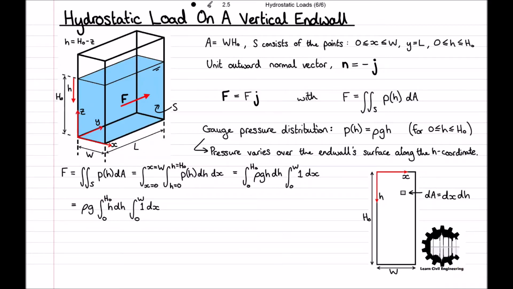Therefore, our equation results with ρg times 1/2 h squared with limits of 0 and h0 times x with limits of 0 and W.